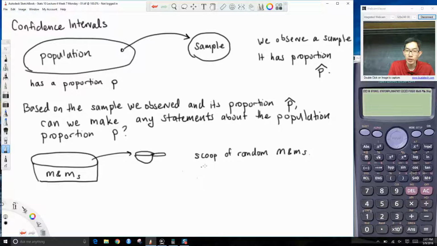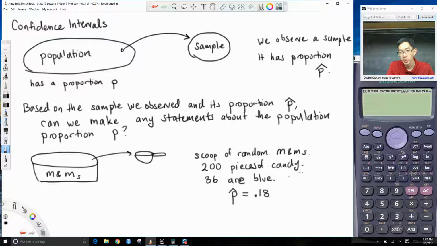All right, so I have a total of 200 pieces of candy in my scoop, and we will say 36 are blue. Okay, so that means my sample proportion p hat is 0.18.